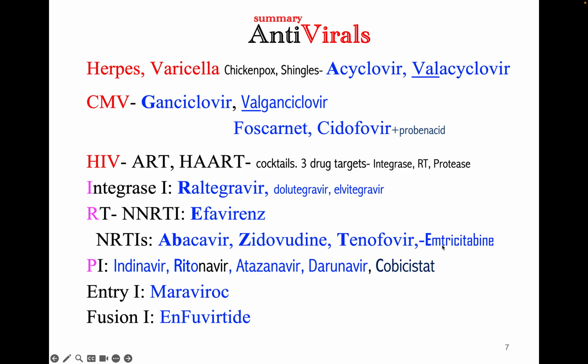One is adipose tissue. The mitochondria of adipose tissue can pick up these drugs and cause adverse effects, that is lipoatrophy. That is a major point. Then next, peripheral neuropathy. The mitochondria in the peripheral neurons can pick up these nucleotides, therefore. And then liver and pancreas.